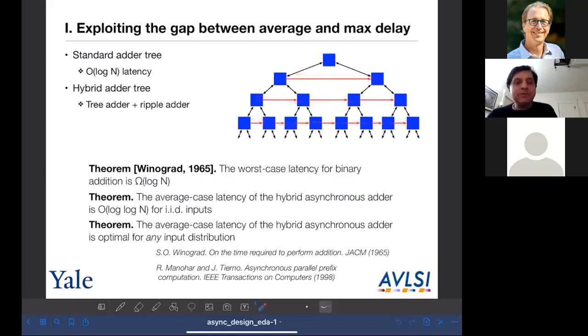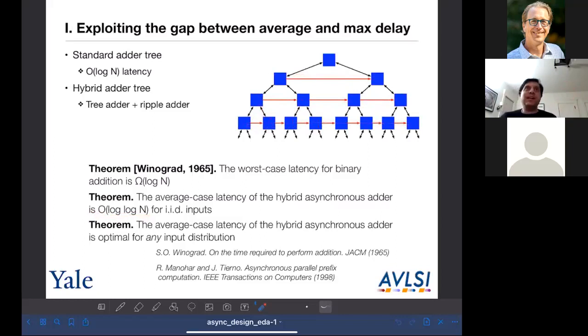And now at every stage, you've got 2 paths for a carry calculation. I can get my carry either from here or here. And if I just take the earliest one, you can show that this adder topology has an average latency of order log n. Okay, so this is now asymptotically better than you could do with any kind of worst case latency adder, right? So that's kind of interesting.